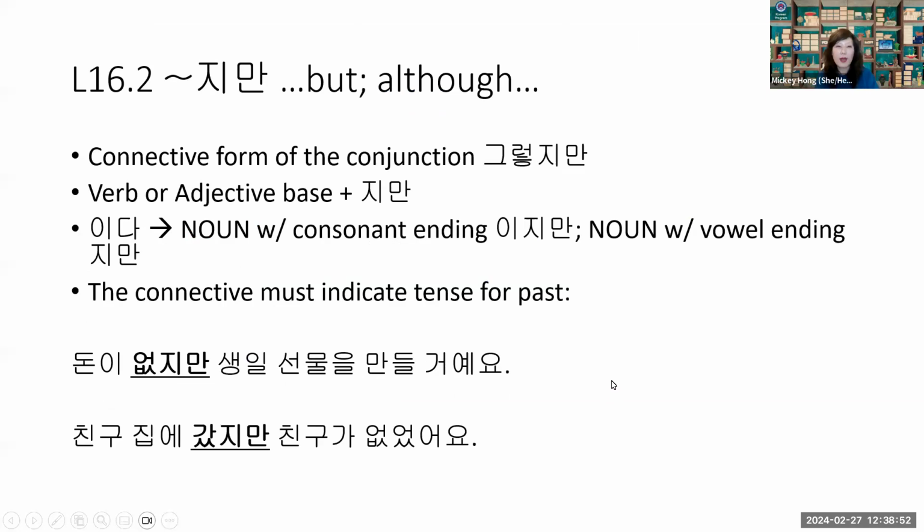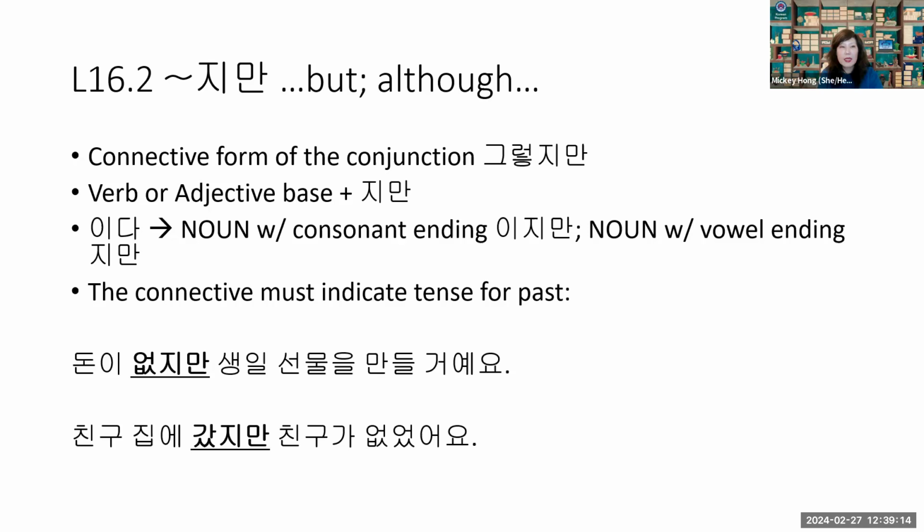Second grammar, 지만. It's a connective clause of 그렇지만, but however, very easy to use this, just verb or adjective based stem. You take out the 다 from the dictionary form and add 지만.